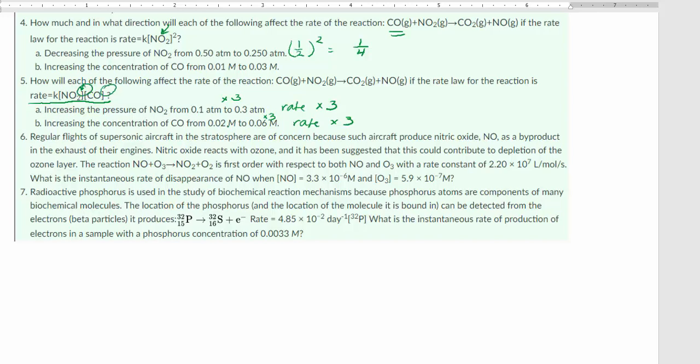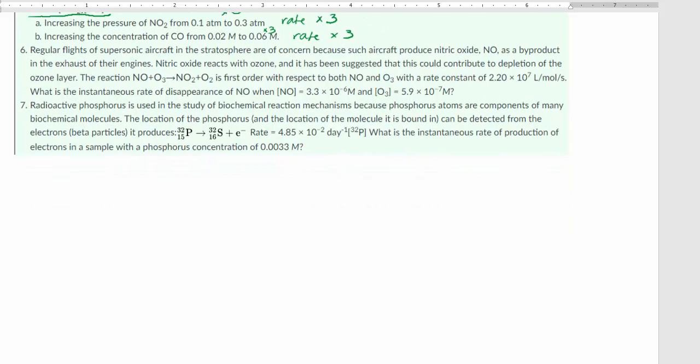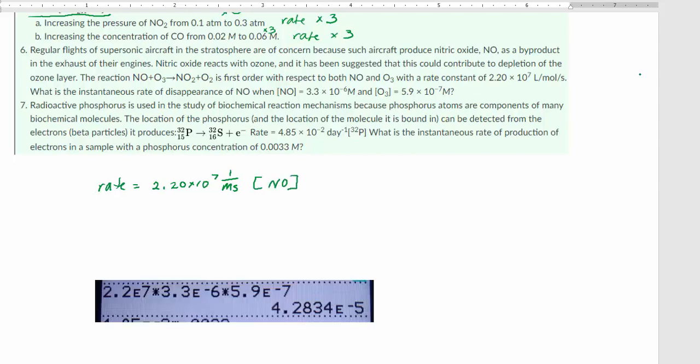Number 6, we're given a story, and we have a reaction that the nitric oxide plus ozone reacts to form this stuff, and we're told it's first order with respect to both of the reactants. So the rate is going to be equal to the rate constant, which is given 2.20 times 10 to the 7th, and that's 1 over molarity seconds, and it's first order with respect to both of those reactants. So this is our rate law.